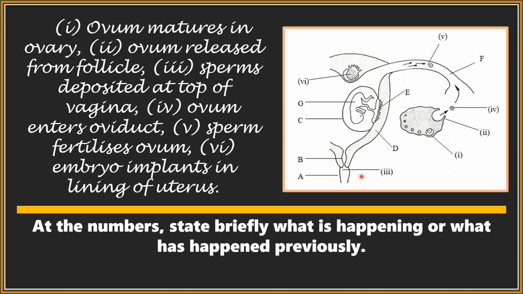Roman 4, the ovum enters the oviduct. Roman 5, the sperm fertilizes the ovum. Roman 6, the embryo implants in the lining of the uterus.